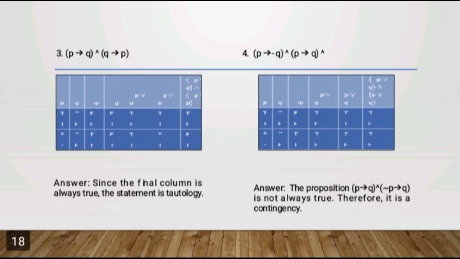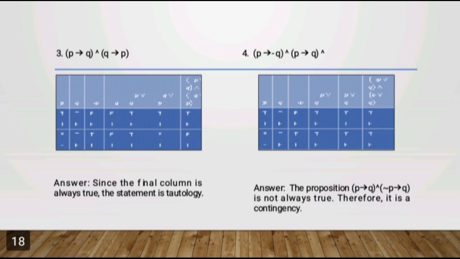Q implies P: true, true, false, true. Open parenthesis P implies Q close parenthesis conjunction open parenthesis Q implies P close parenthesis: true, false, false, true. Answer. Since the final column is always true, that statement is a tautology.